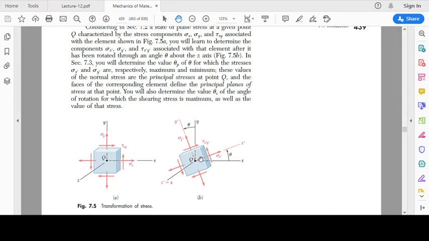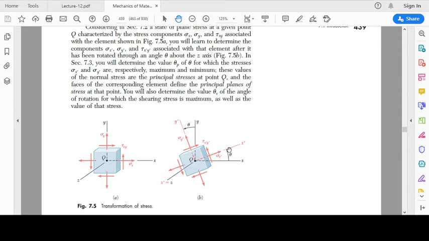And now we would like to find the stress on an oblique plane, which is making some angle with the vertical plane or with the horizontal plane. So say we rotate the axis through an angle theta. With respect to the x-axis, this is the angle theta.